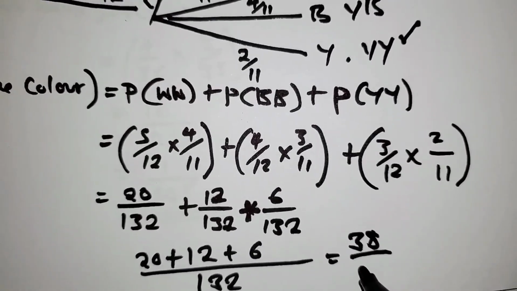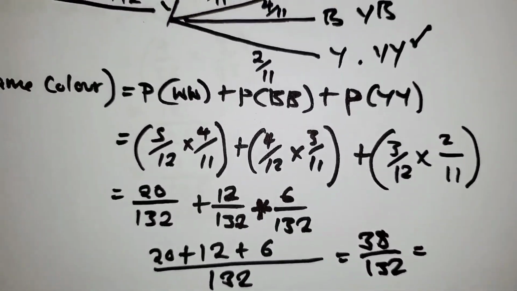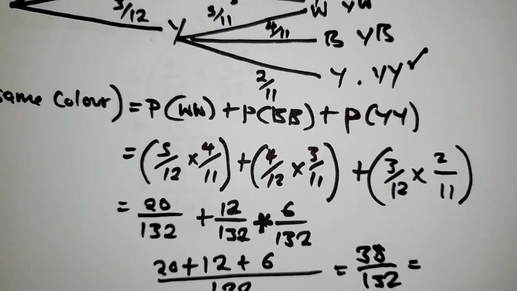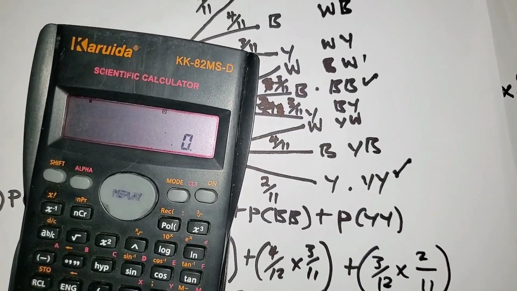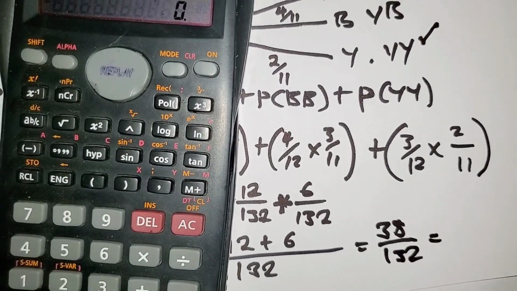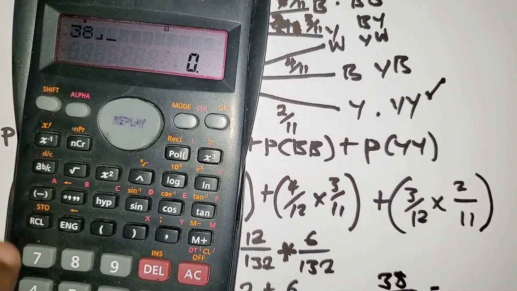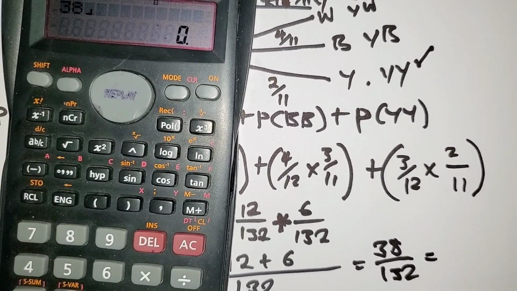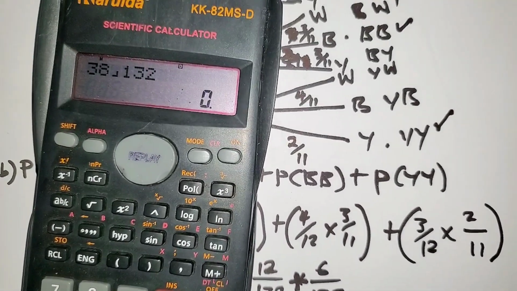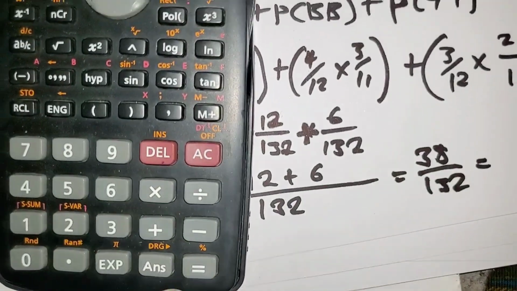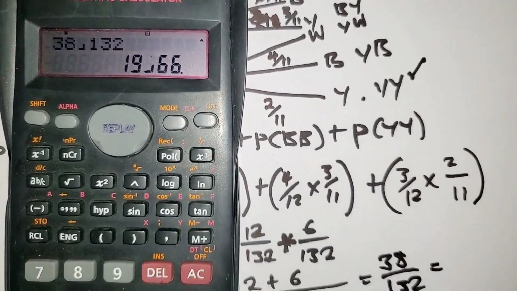Remember what I've been telling you since part 1, that you can use a calculator here. It will reduce, don't waste the time. Punch 38 over 132, then just punch the equal sign, and it will reduce the answer for you.